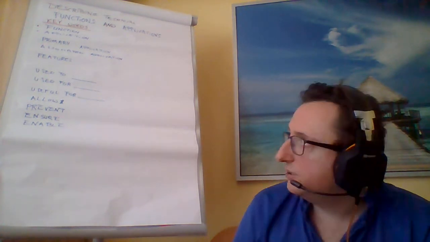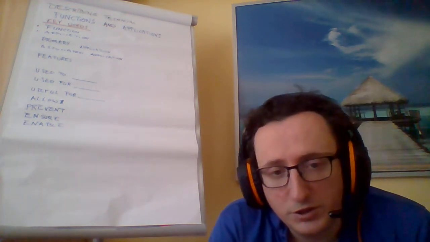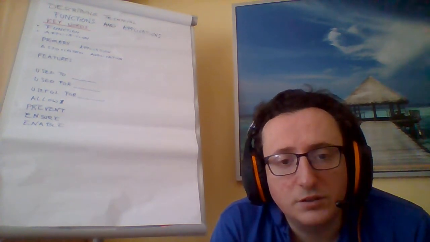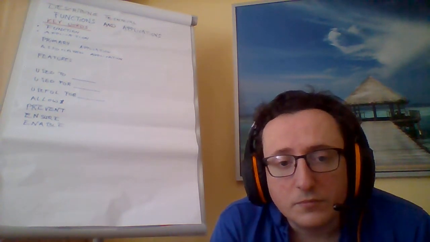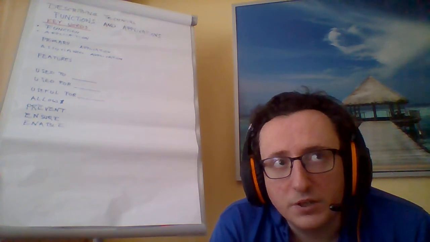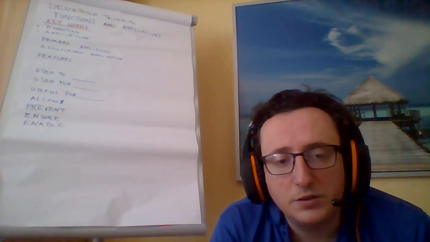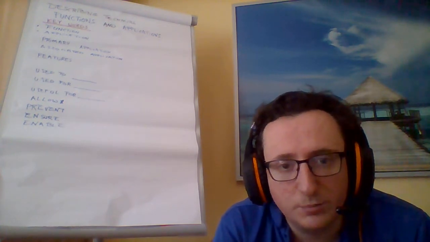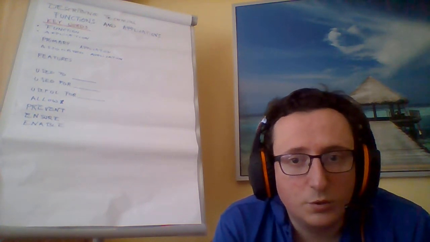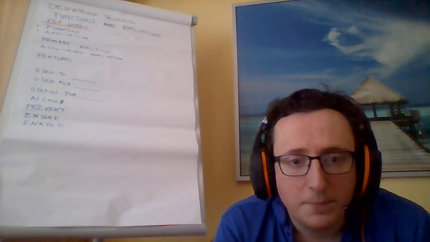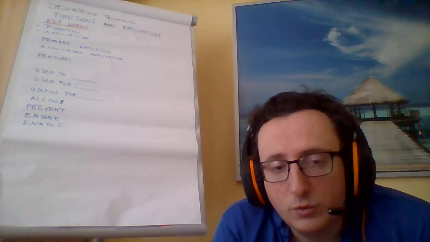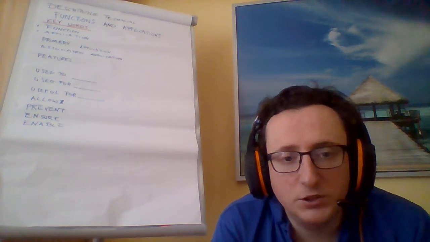Next on the list today we have associated applications. So associated means something that is like a secondary function. So we have the main primary function, but we may also have some other secondary or associated functions. So, for example, first of all, let's think where can we find GPS technology used today?